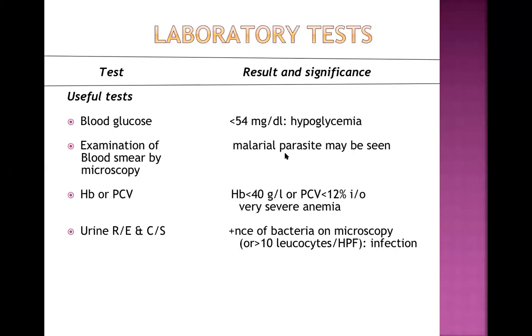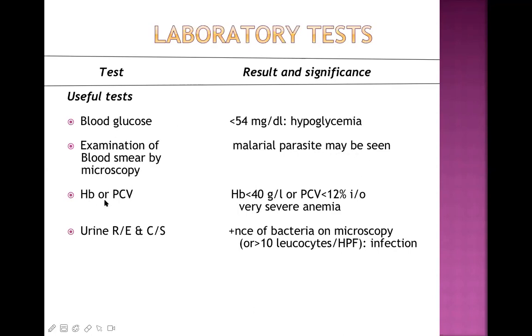Plasmodium knowlesi is a relatively newer one, and in many of the older textbooks, it was not even mentioned. But these days, it is the 5th one. So falciparum, vivax, ovale, malariae, and knowlesi. All of these can be diagnosed with the help of malarial parasite smear examination.